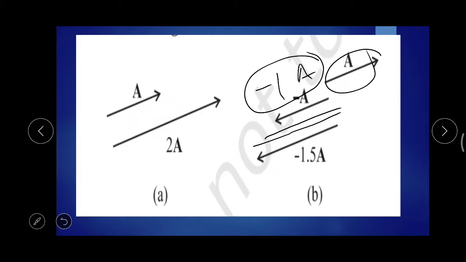Both the magnitude and direction are changed. Magnitude will increase by a factor of 1.5, and as the negative sign is there, the direction will change to the opposite direction. So these are the major things you have to remember about the scalar multiplication of a vector.